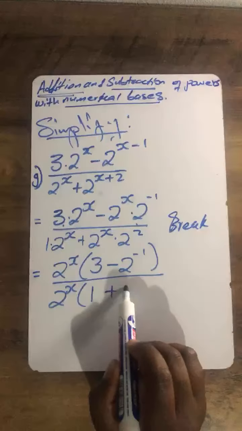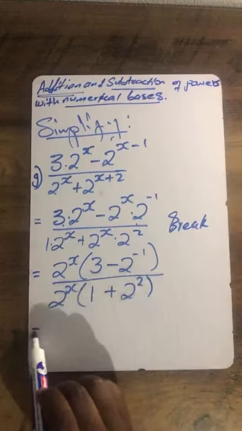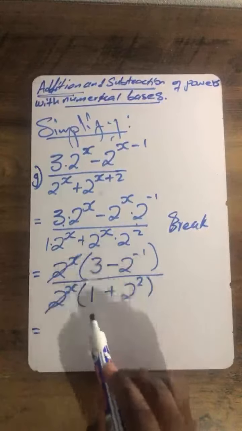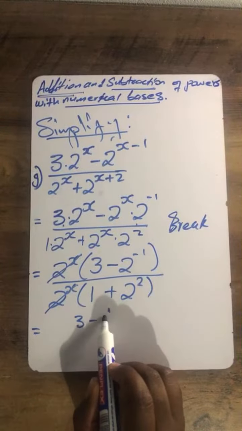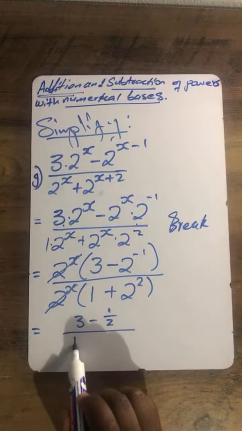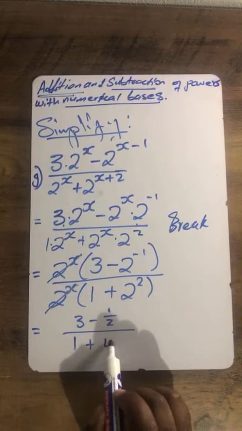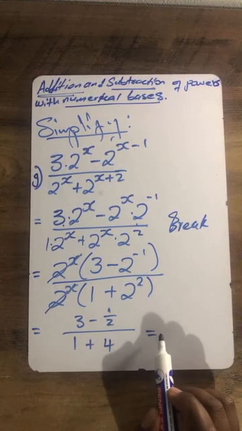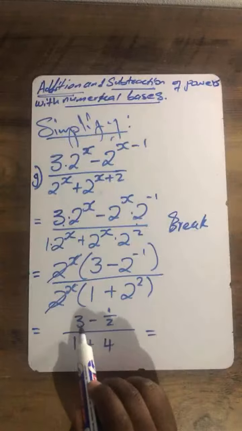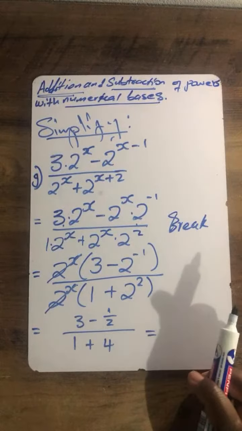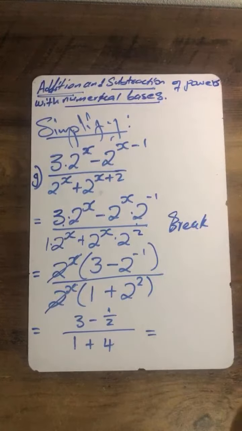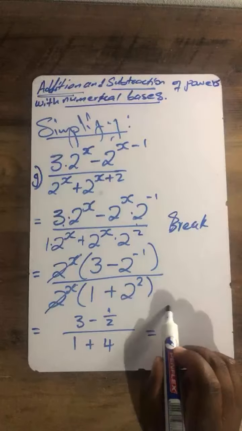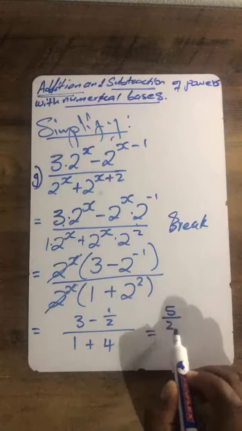There you have a plus, then you have 2 to the that. So that cancels with that, and then you remain with 3 minus 1 over 2, over 1 plus 4. So this one, 3.5, no, it's 5 over 2. Yes, I know it is 5 over 2. How do I know?